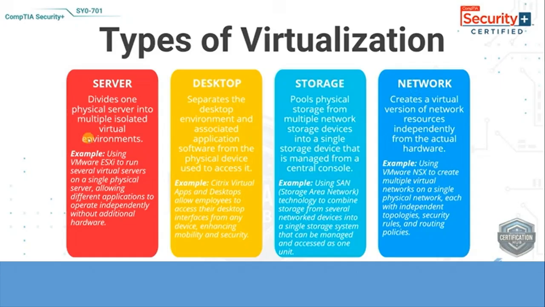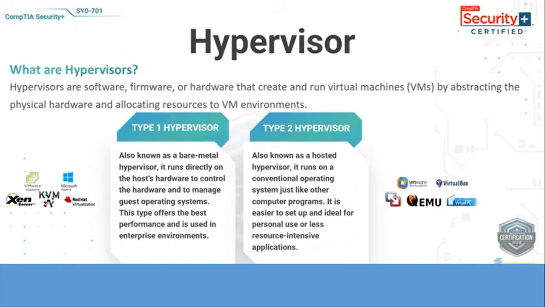Network virtualization creates a virtual version of the network resource independently from the actual hardware. So these are basically the types of virtualization. Now we are moving to the next, which is very common. We call this the hypervisor.